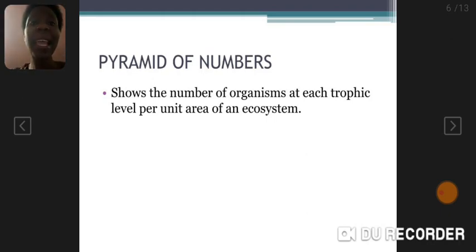Now, given a land area, maybe 500 meters square of land, to find out the number of, say, secondary consumers in that population of 500 meters square, you may not be able to do that.